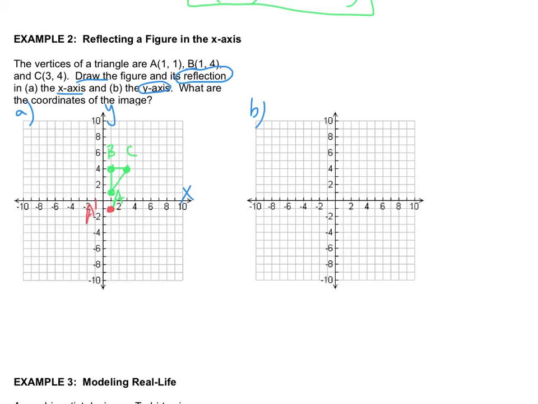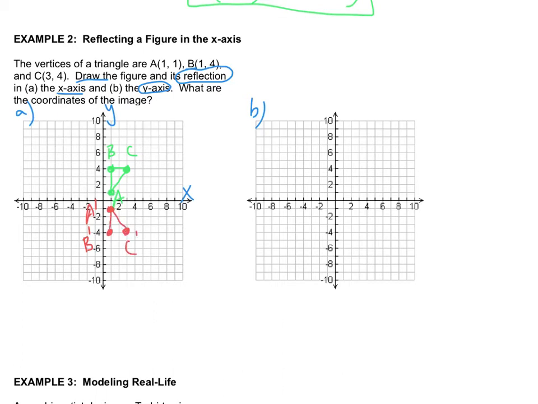I do the same thing with my B. This time it's 4 down to that line, so I go down 4, and I can plot that point right there. It's now called B prime. C is also 4, so I just count straight down, and there's C prime.